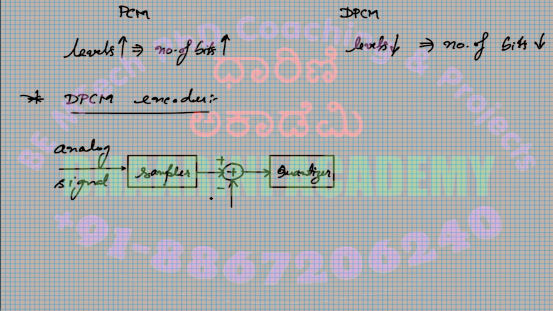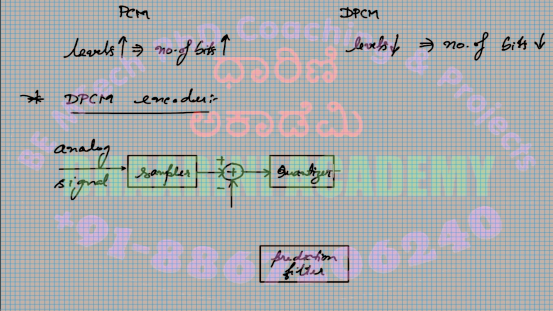But how do I get that part? That should be one sample previous to this, correct? So what we do, we use a block over here. Let's put a block here. This is a prediction filter.